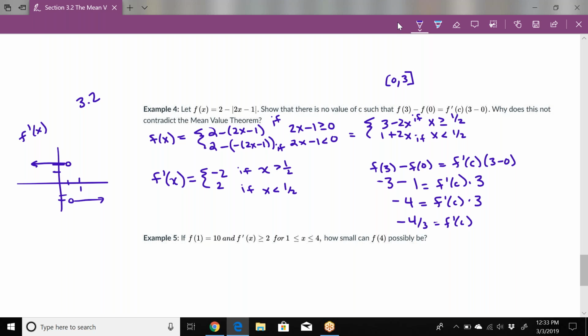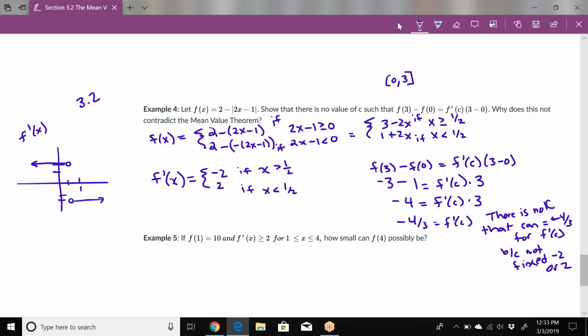So how is it possible that we could have a value of c that would equal negative 4/3, which is negative 1 1/3? It's never going to happen. So there is no c that can equal negative 4/3 for the derivative, because it's not our fixed negative 2 or 2 that we get for those absolute values.